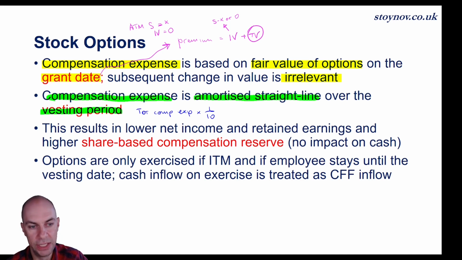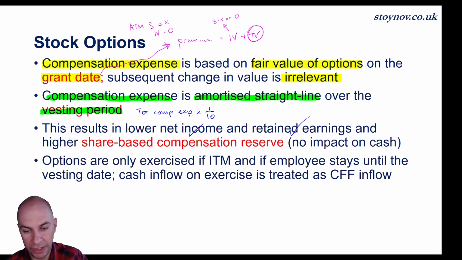So this results in lower net income. Pretty straightforward. If you've got any kind of expense in the income statement, it's going to give you lower net income. Lower net income then flows into equity, giving you lower retained earnings.